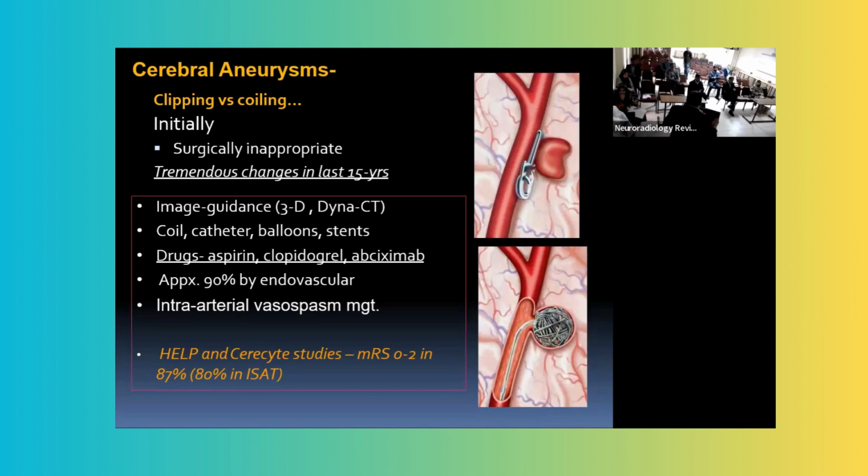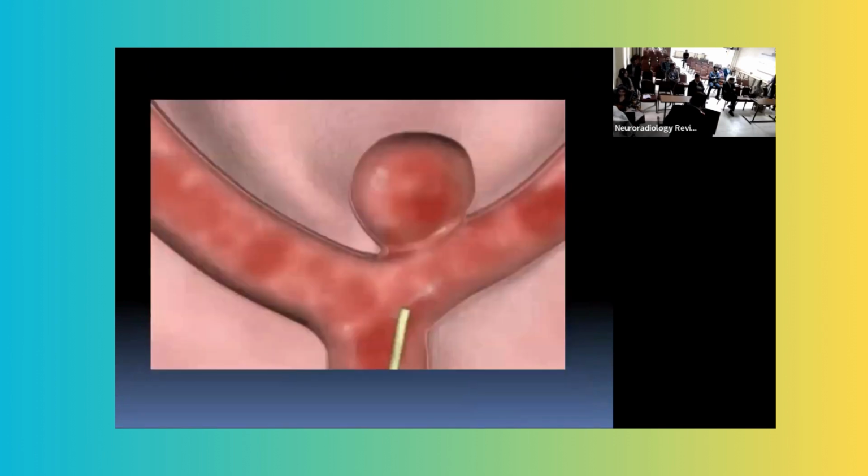Pre-operative drugs play an important role in preventing thrombosis of the main vessel. Also, while doing neuroendovascular interventions, vasospasm is a major factor, and we have to be very cautious doing cerebral interventions with vasospasm.